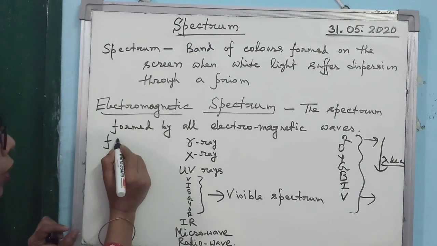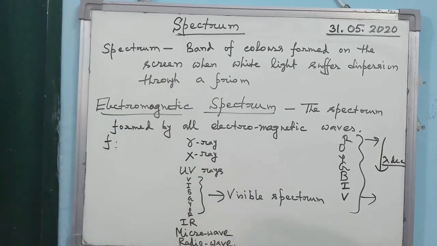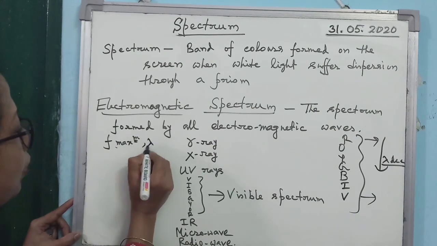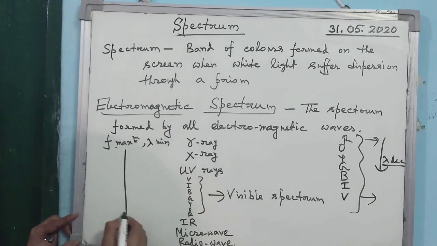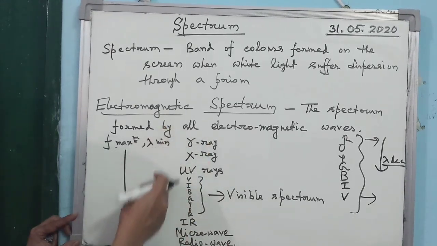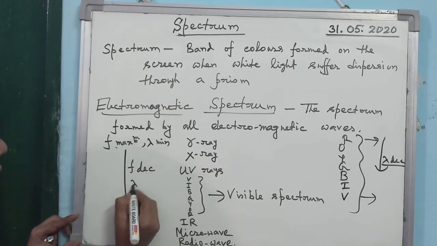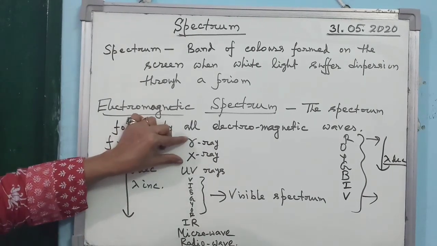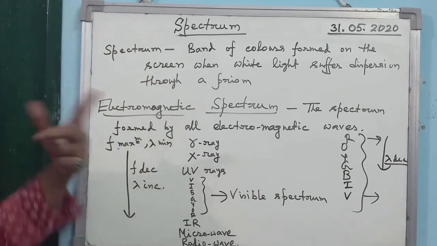Frequency we have denoted by F. Frequency is maximum and wavelength is minimum. So if you consider all the electromagnetic waves arranged in this way, F is decreasing and lambda is increasing. Any two successive ones you take, the lower one will have the higher value of lambda.